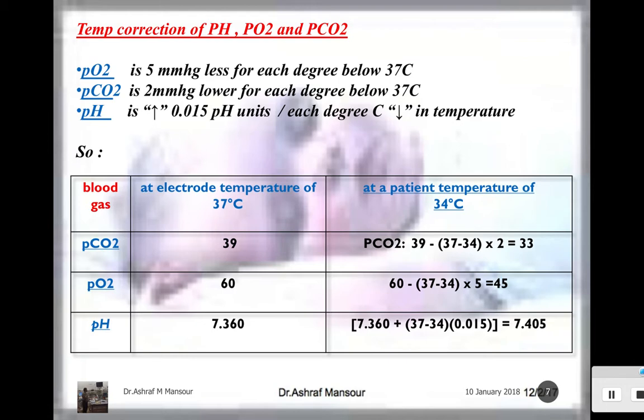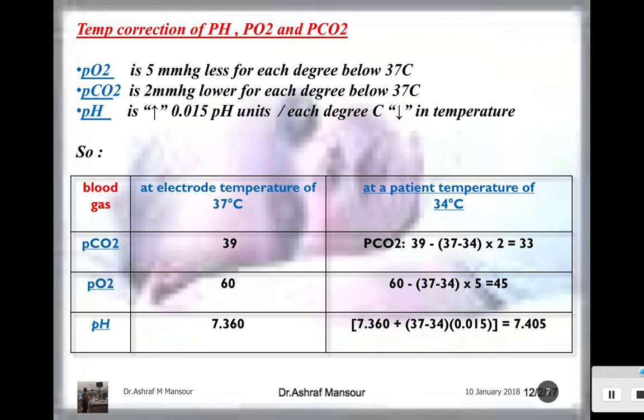Temperature correction for pH, PO2 and PCO2: as we said, the PCO2 and pH will be affected. The PCO2 will be 2 mmHg lower for each 1 degree lower than 37, while the pH will increase by 0.015 for every decrease in the temperature by 1 degree.